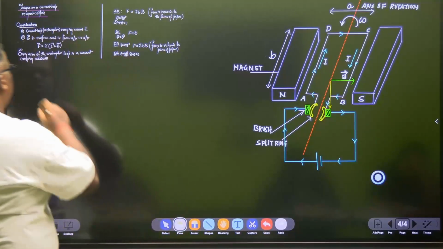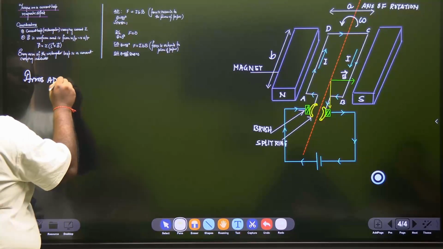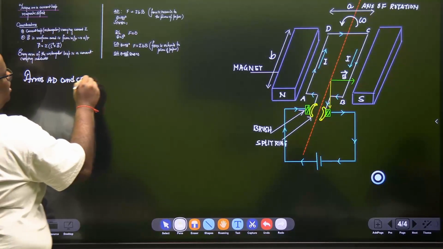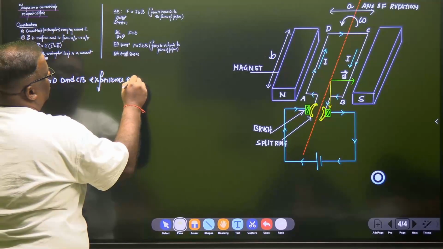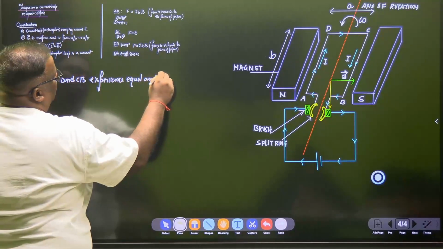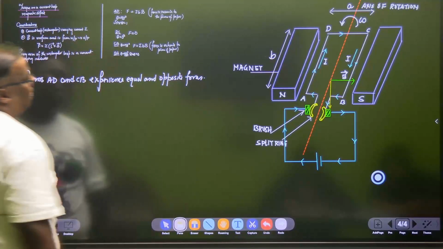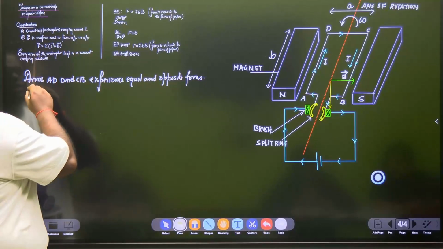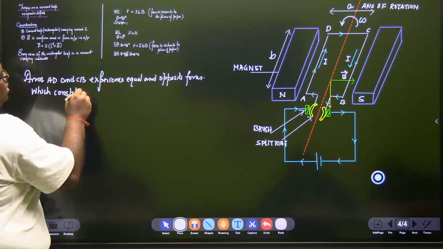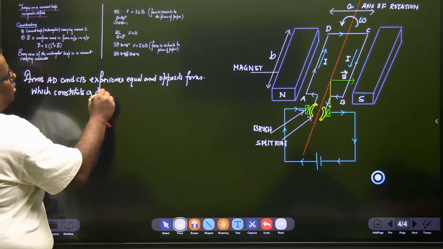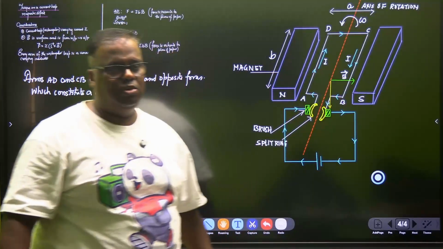So can I now say arms AD and CB experience equal and opposite forces, which constitute a couple. Equal and opposite forces separated by a finite distance will always constitute a couple.